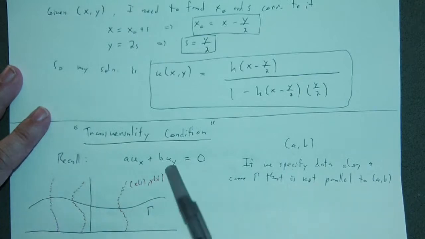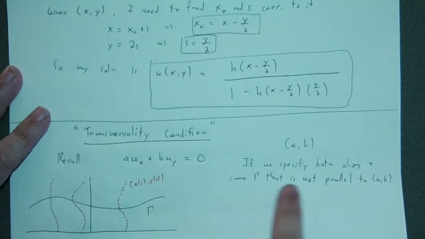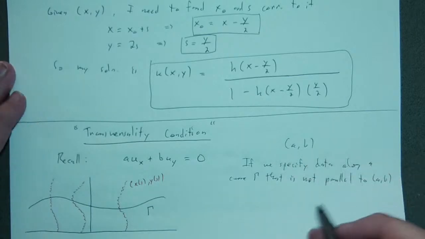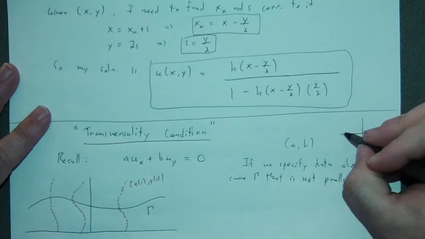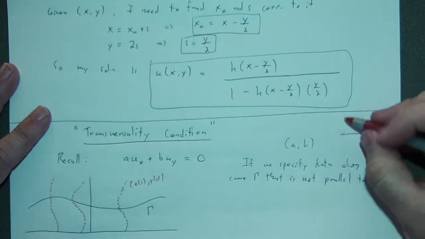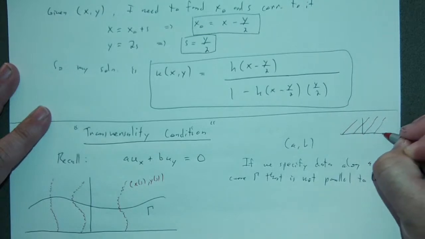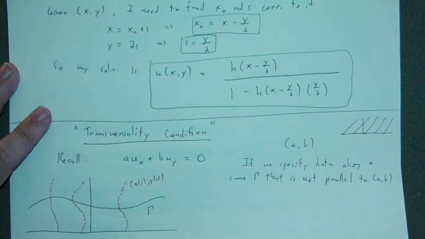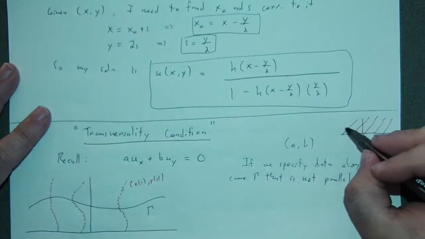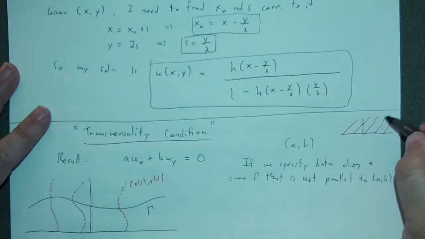The characteristics are curves, but for this example, these characteristics were all lines in the direction of this vector. If I draw a little mini picture of that, the characteristics, I'll use red since I used red before, look like this. Because these characteristics are simple, the only thing I need is for my curve to not be parallel to this. I need a line to not be parallel to this.